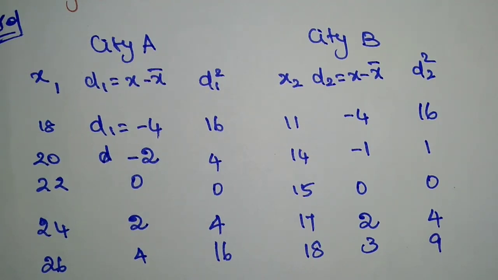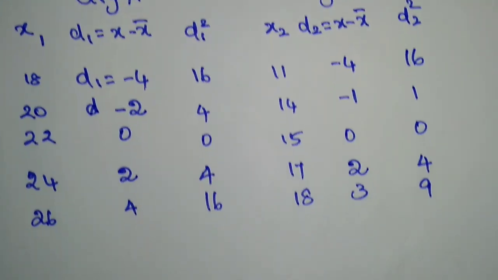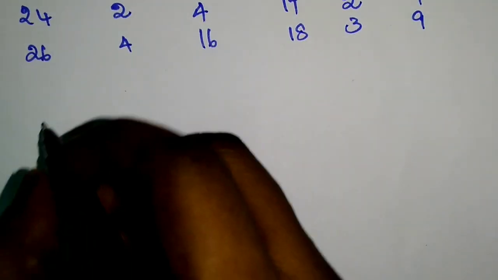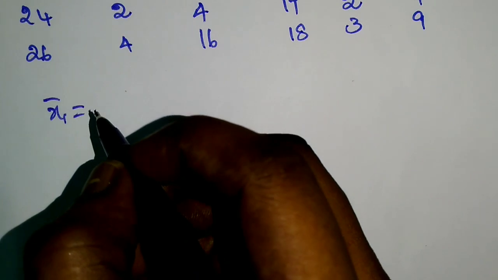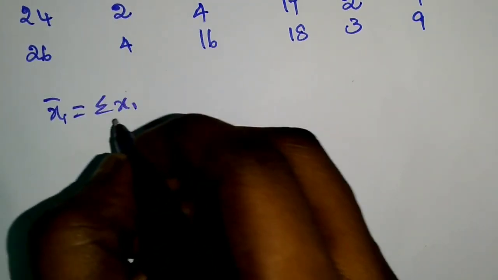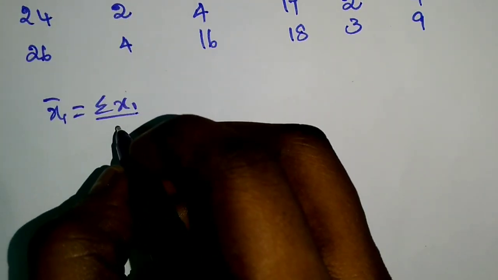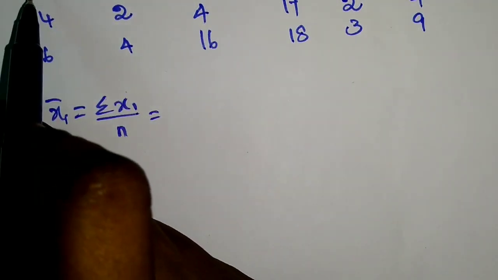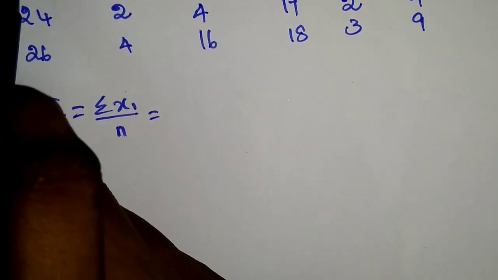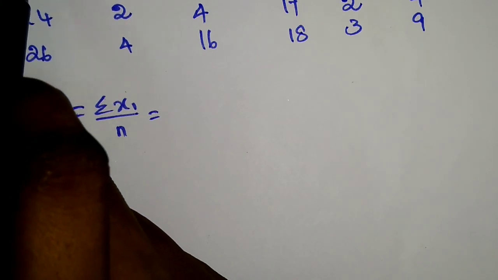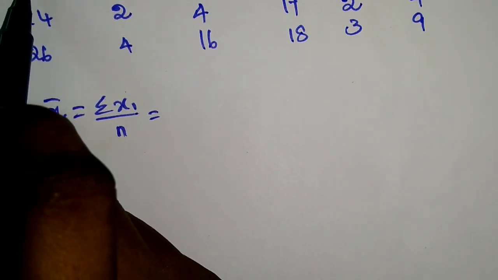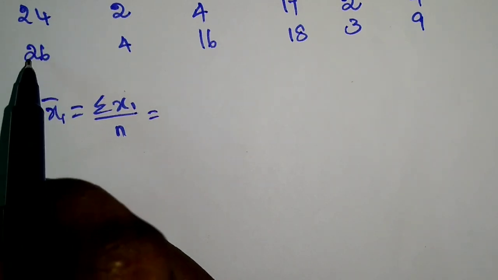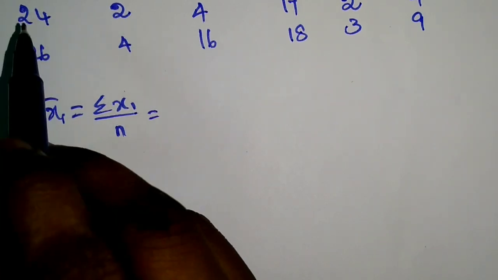Now we have to find x1 bar. x1 bar is equal to summation of x1 divided by n. So 18 plus 20 is 38, 38 plus 22 is 60, 60 plus 24 is 84, 84 plus 26 is 110.